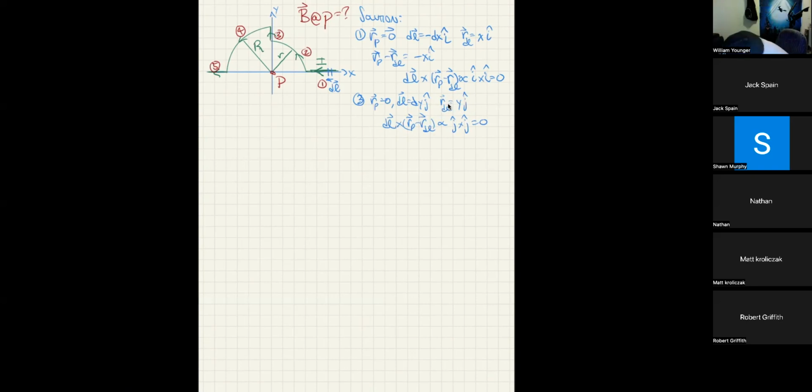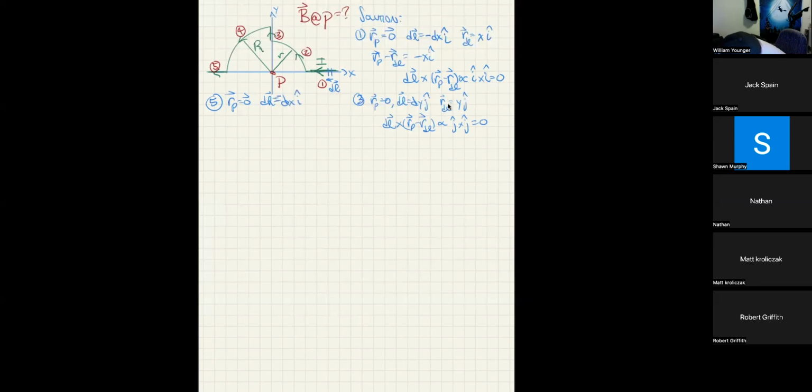So I can also go over here and do number 5. And again, RP is equal to 0. DL first: DL is going to be equal to DX in the negative I hat direction.